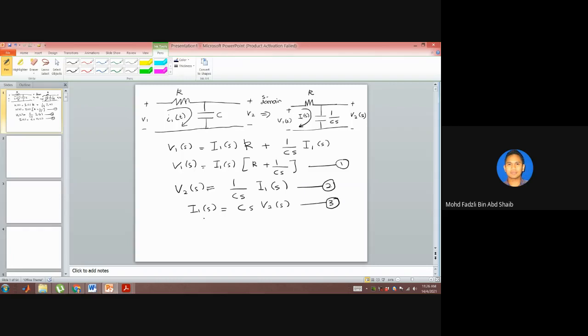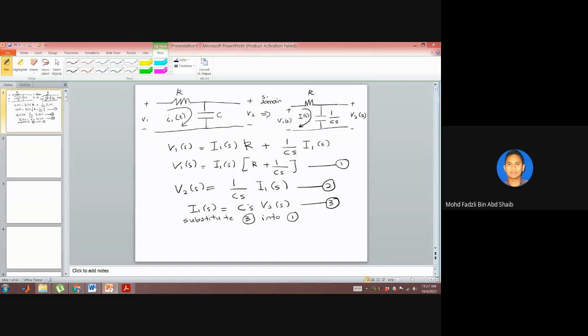Now substitute 3 into 1. In equation 1, V1 equals I1 times R plus 1 over CS.